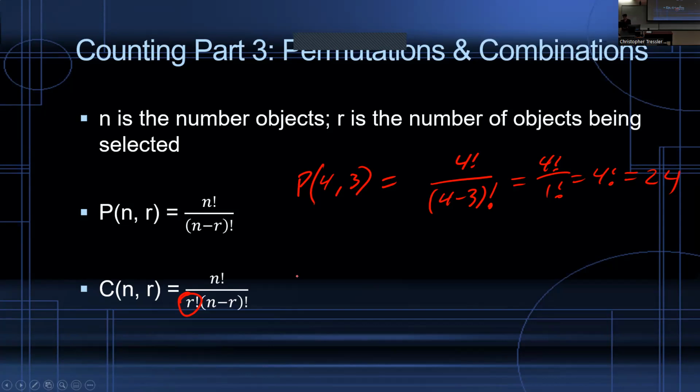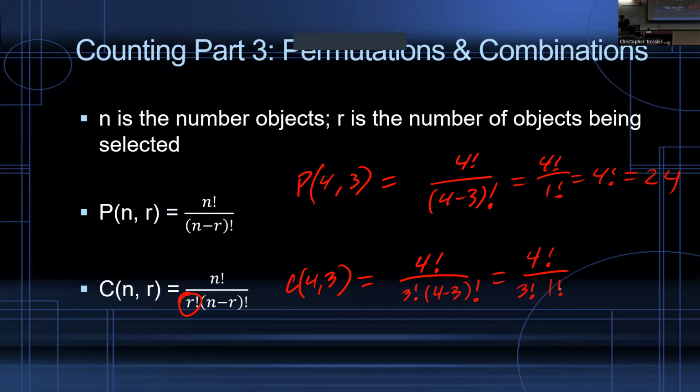So a combination of 4 and 3 would basically look like this. The combination is going to be 4 over, we're still going to have this 4 minus 3 factorial, which is 1 factorial, but then also we're going to have 3 factorial here. So it's going to be 4 factorial over 3 times 1, which is 4 factorial over 3 factorial.